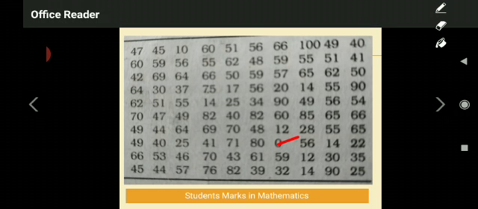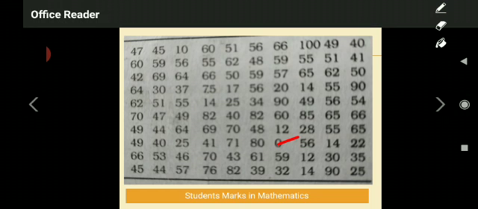Look at the picture over here. In this raw data, 90 is there, again 90 is there, again 90 is there, and lastly 100.